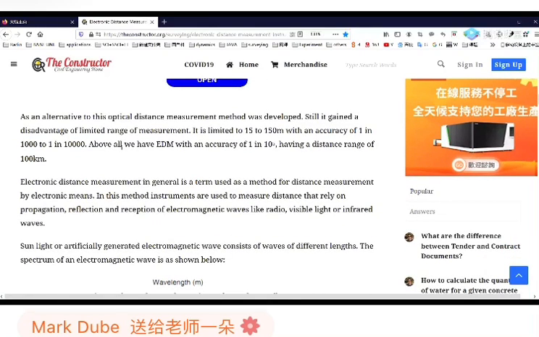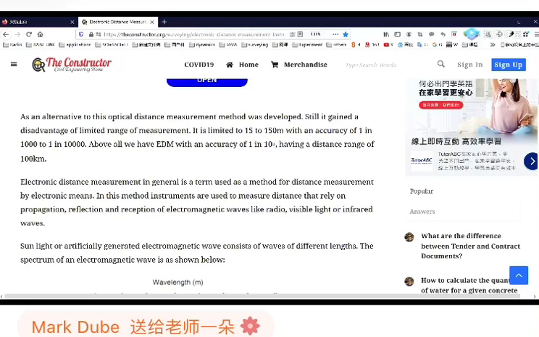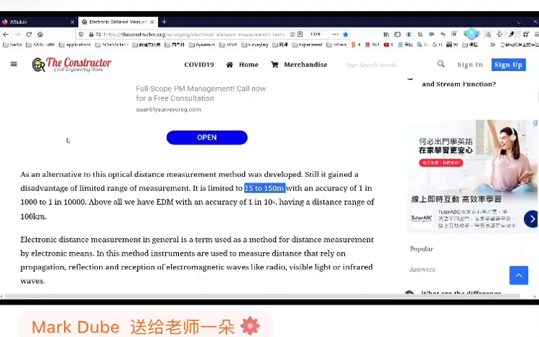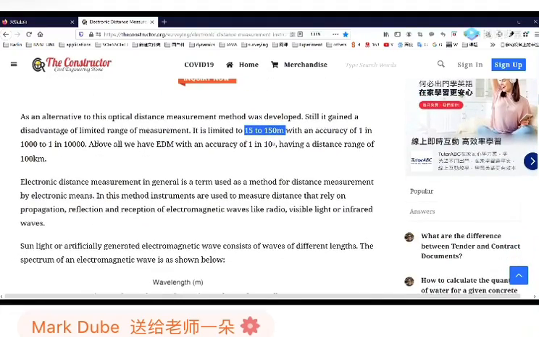All right, there are some guidelines for using this one. For the shorter distance, 115 to 150 meters, basically these use the optical one. For the longer distance, you have EDM, and for this kind of distance the accuracy is improved.